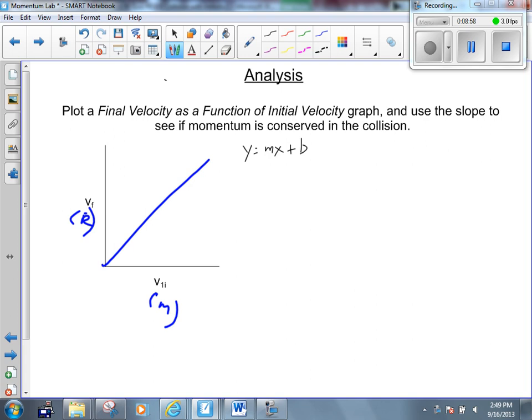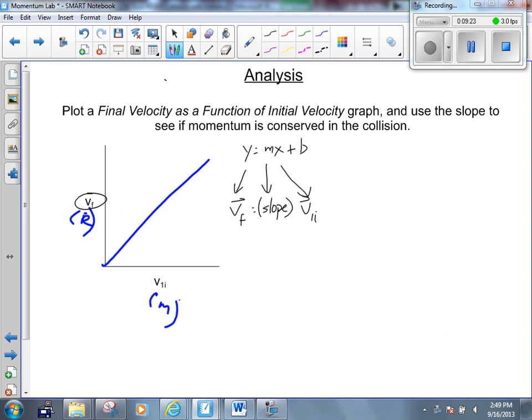Now, the y-axis is VF. M stands for what? M stands for slope. Good. So the y-axis, VF, is equal to the slope times the x-axis, VI.